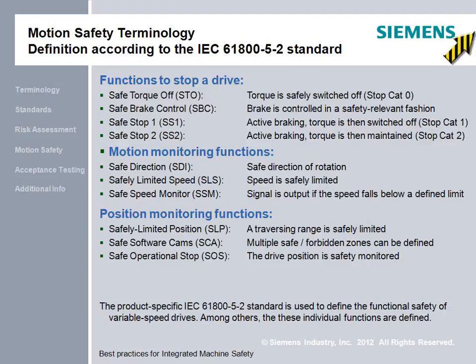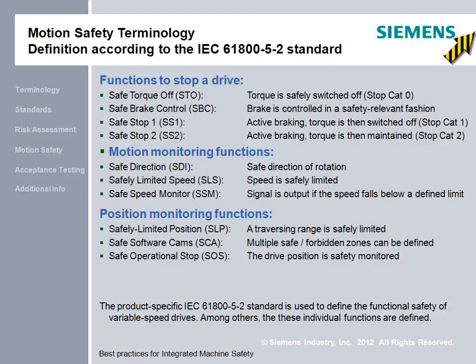Stop category 0, notice I did not say a safety stop, but a stop category 0 is immediate removal of power from an actuator. The classic would be press the emergency stop and you removed hydraulic pressure from a cylinder, or you freewheeled a servo motor or a spindle and allowed it to drift to a stop. So immediate removal of power.